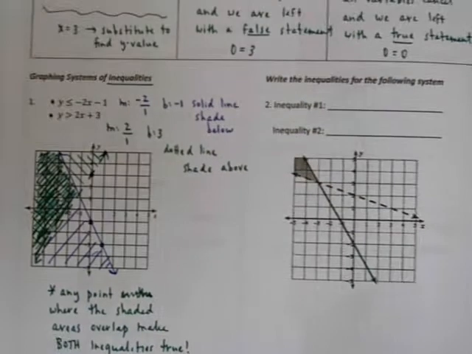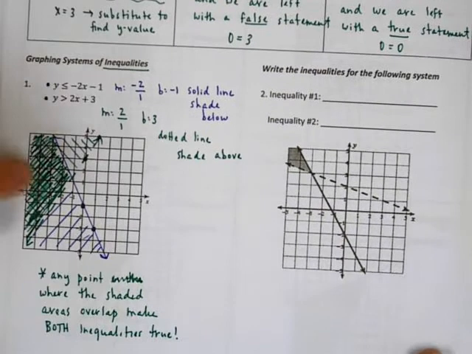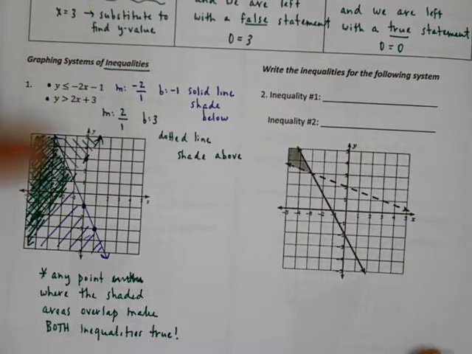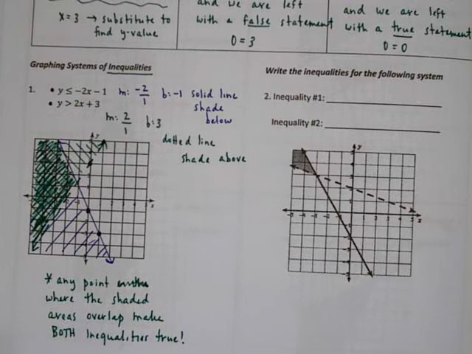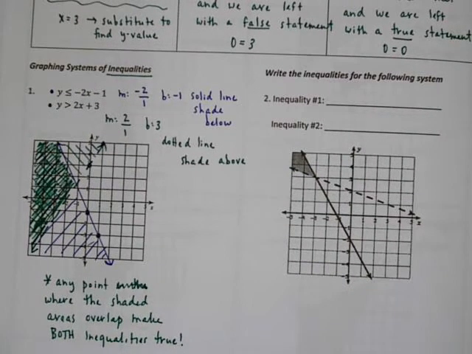Oops, I'm sorry, you can't see that. Let me show that so you can get that. So if I picked any point in this shaded area, if I plugged it into both inequalities, I would get true statements.